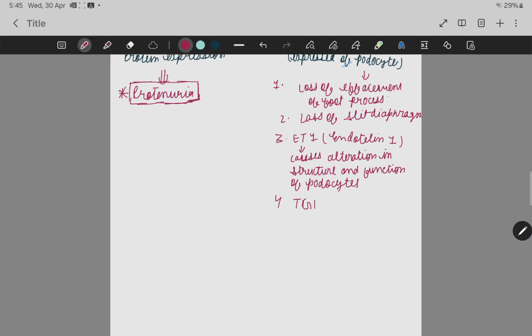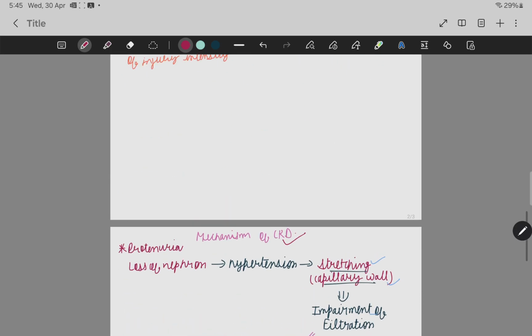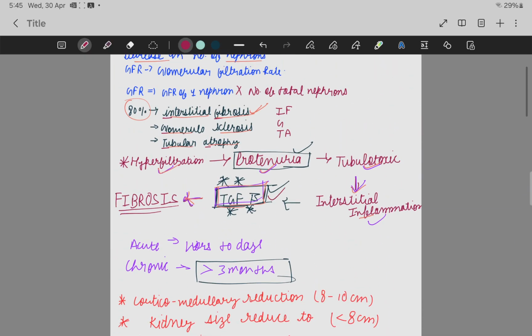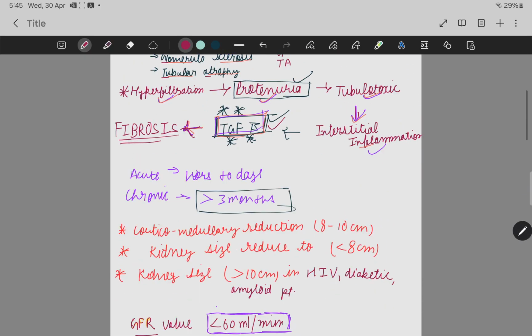TGF beta is also released here, which causes fibrosis. As I told you before, TGF beta leads to fibrosis.